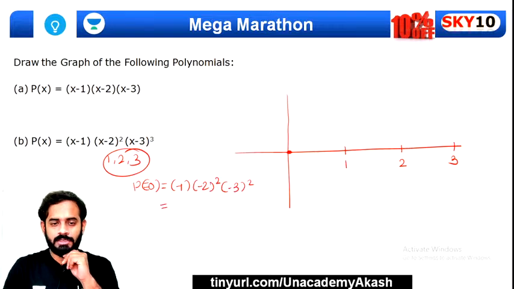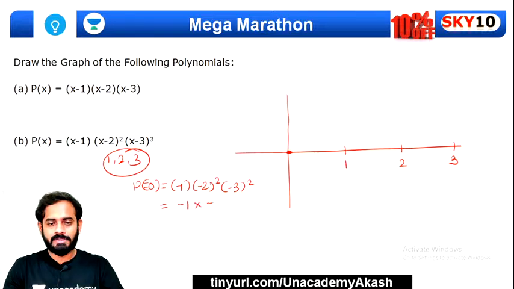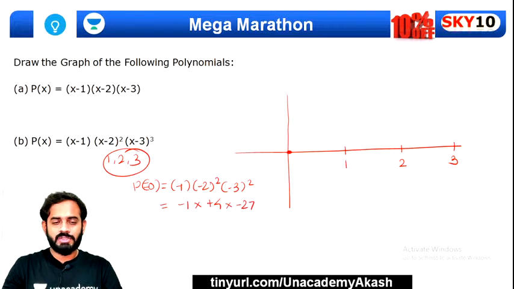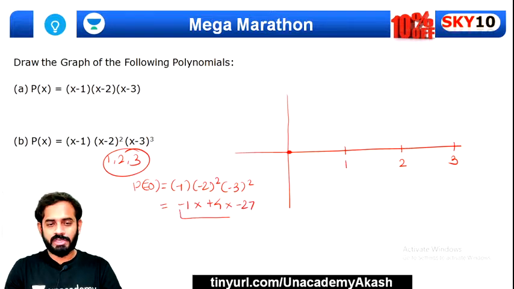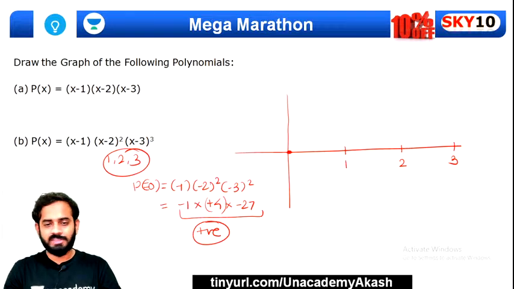That is -1 multiplied by plus 4 multiplied by -27. Whatever this multiplication is, it will be positive only. Why positive? Because minus minus plus. So the graph will start from the positive side.